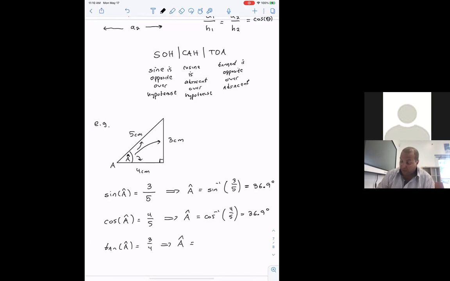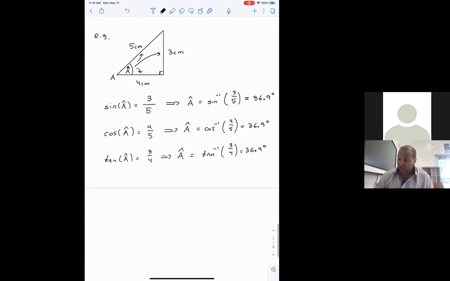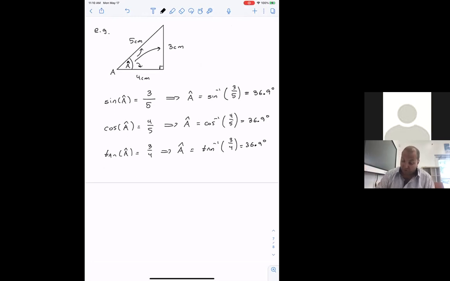How do I get A from knowing tangent of A? Well, how about the tangent inverse button? Tangent inverse of 3 over 4. And once again, I get 36.9 degrees. So this is an example where you could have used any one of the three. Sometimes you have to use one, or you should use one. This time, any one of the three would have been equally valid because you have all three sides.